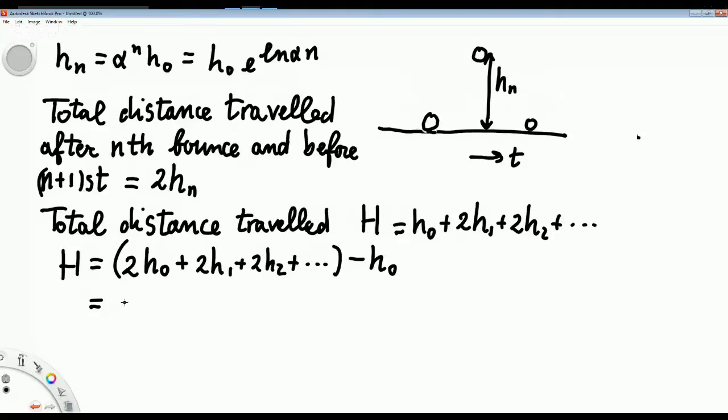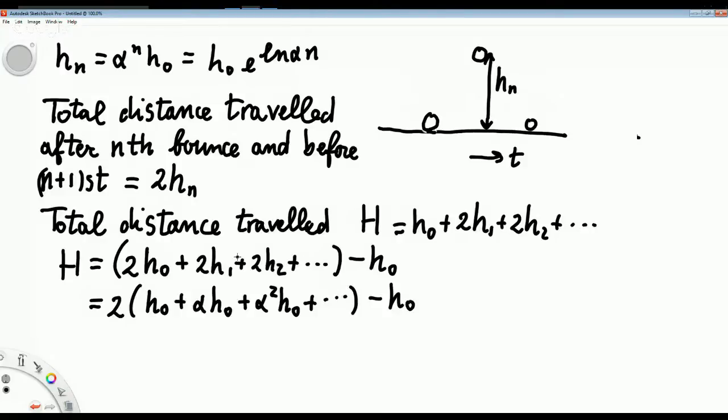Okay, so we have 2 into h0 plus, well, h1 is just given by alpha h0, and h2 is given by alpha squared h0, and h3 is given by alpha cubed h0, and so on and so forth, minus h0.